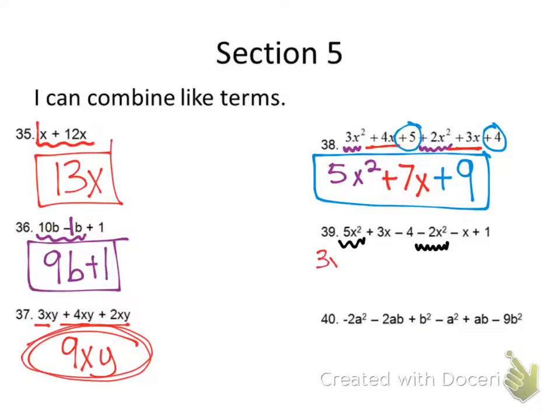Good. All right, next we have 3x and, oh, there's no number there. Shoot. Oh, it's a 1. Okay. No, back it up. 3x minus 1x is 2x. Positive, so put a plus sign.